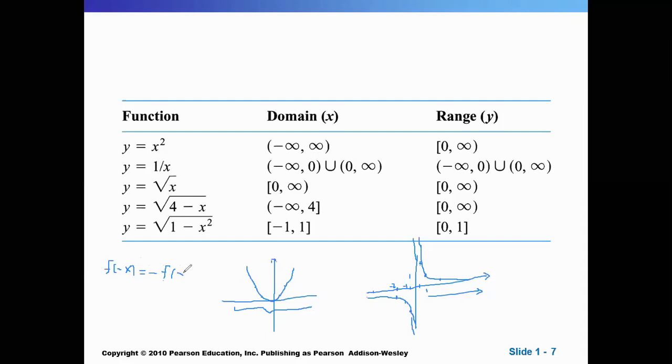Look, so here is the test. The test: f of negative x must be equal to negative f of x, right? So just put negative 1 here. If you put negative 1, you will get y equal to what? Negative 1.